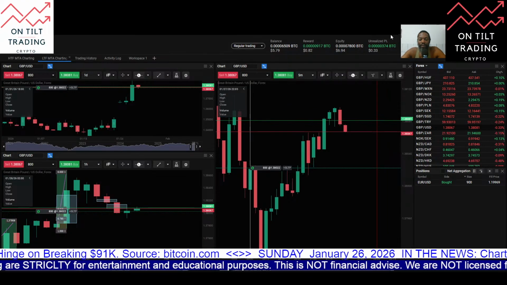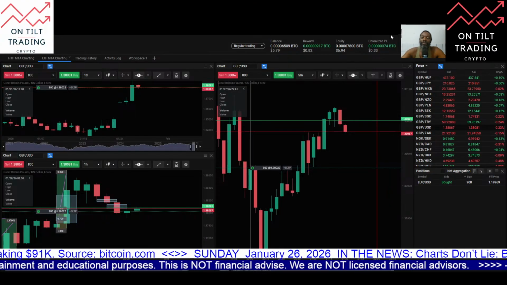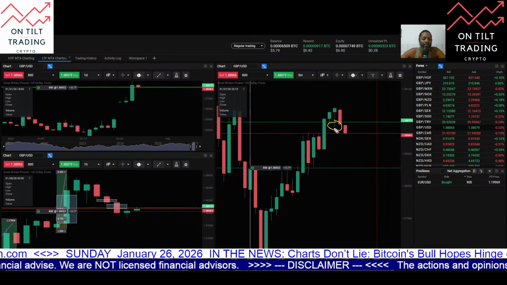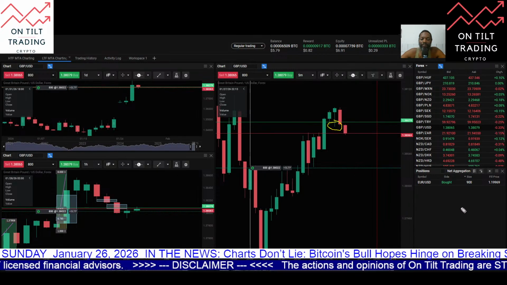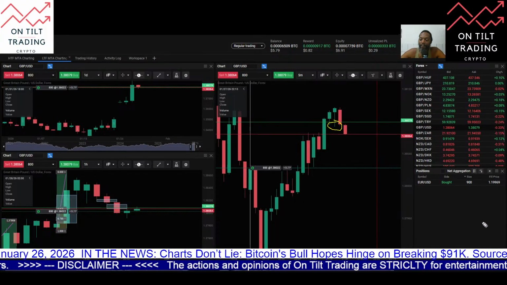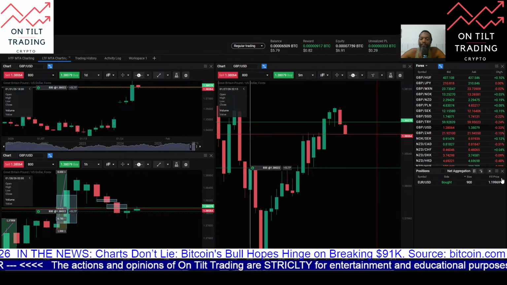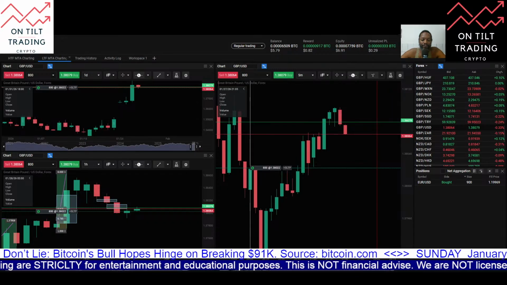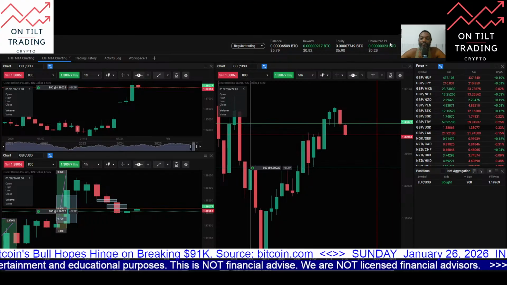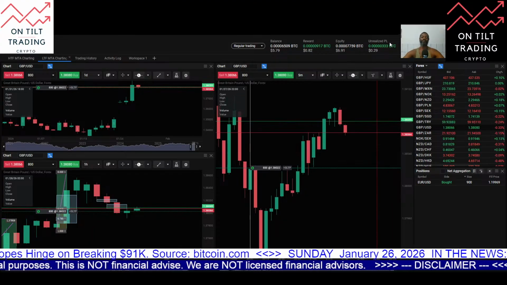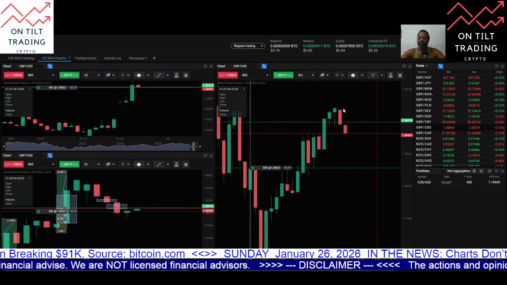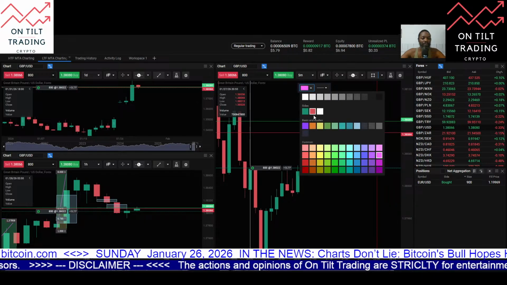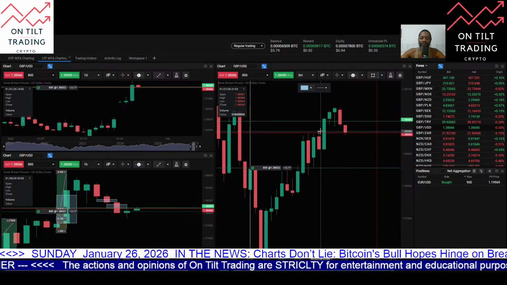So pound dollar is now trading below the swing low on the 5-minute here. Price is trading into a bullish fair value gap.